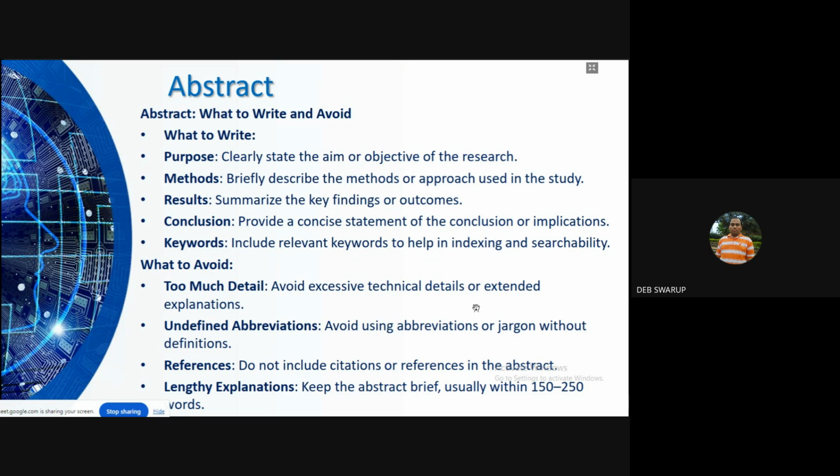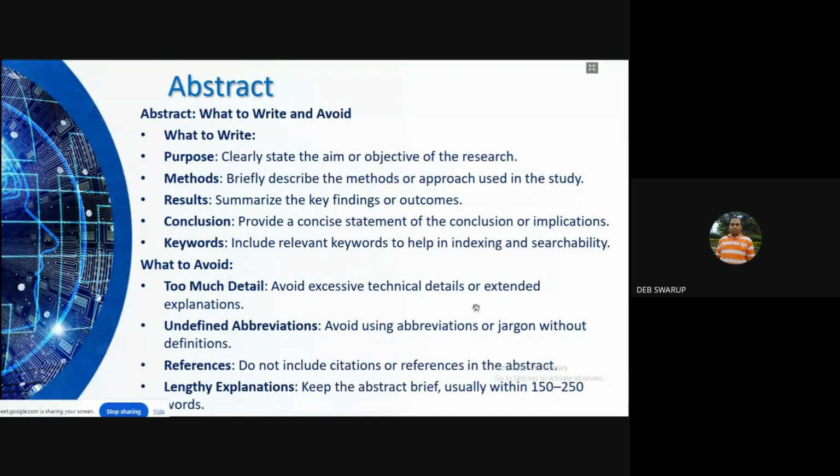Okay. So what do we need to avoid in the abstract? Things we need to avoid are too much detail. We don't want any technical explanations or extended explanation about a particular thing in the abstract. Because the abstract is basically between 150 to 250 words, if you try to put too many things in, you complicate the abstract, which again causes a lot of problems.